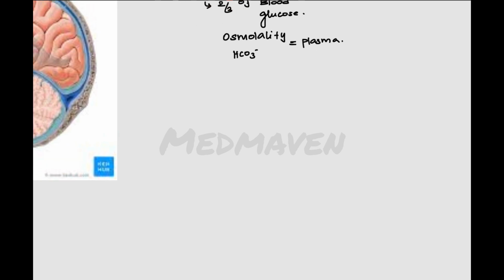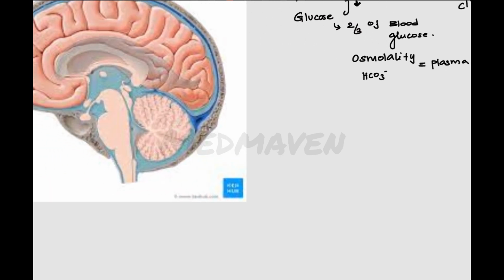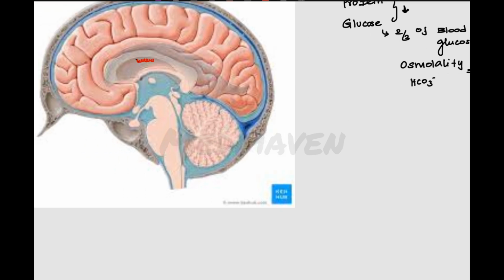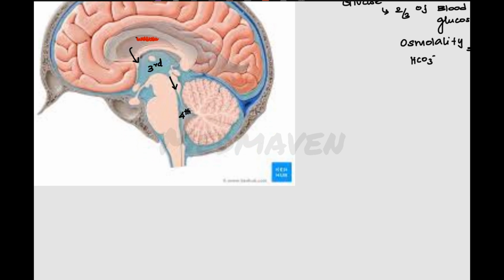Now let's see how CSF circulates through the brain and the spinal cord. It follows a definite pathway. We know CSF is produced in the choroid plexus of the lateral ventricles. From the lateral ventricle it flows through the foramen of Monro to the third ventricle, then through the aqueduct of Sylvius it enters the fourth ventricle.